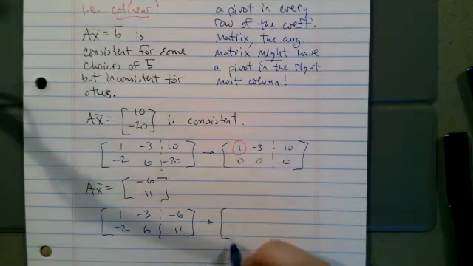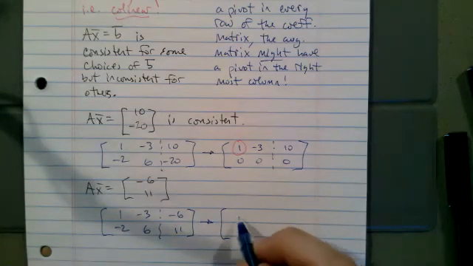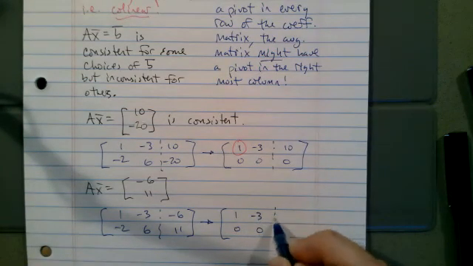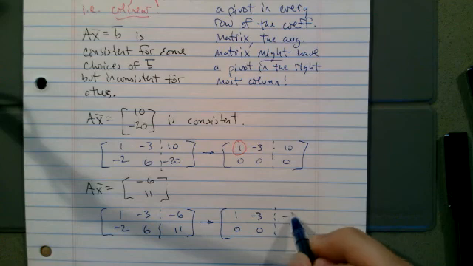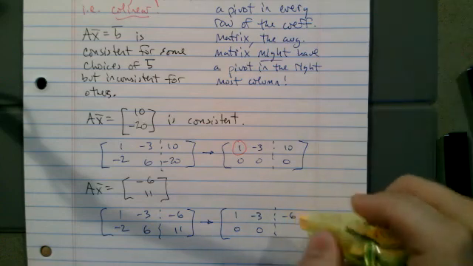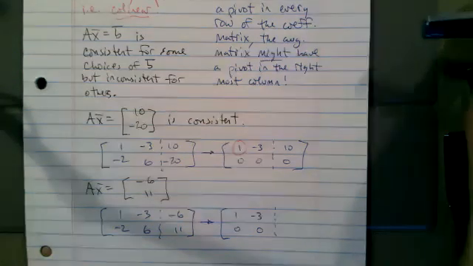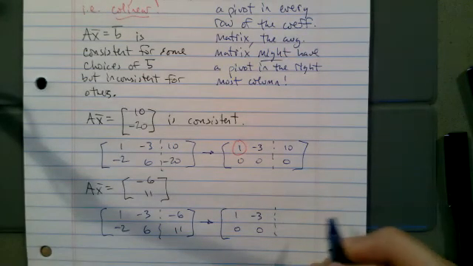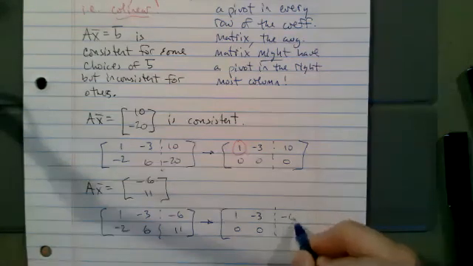And the reduced echelon form, the first column will be 1, 0. The second column will be -3, 0, because those cancel out. The third column, sorry, this is not the reduced echelon form yet.